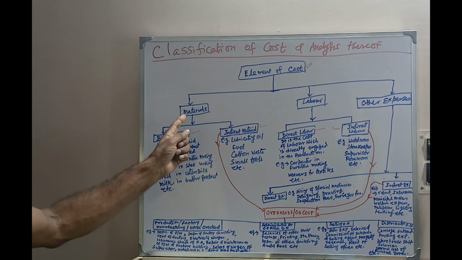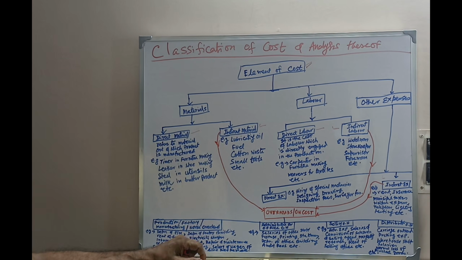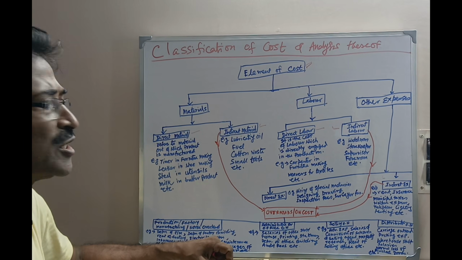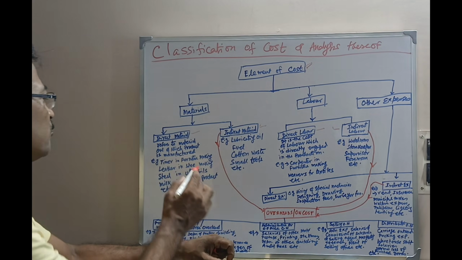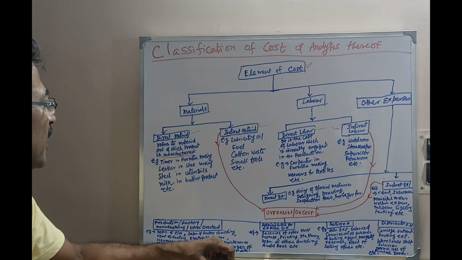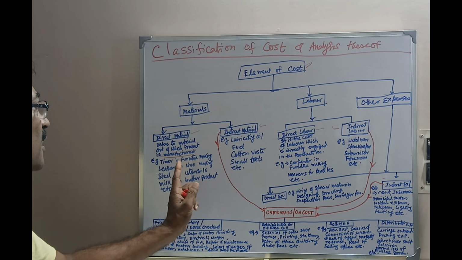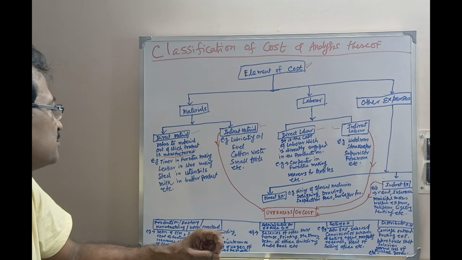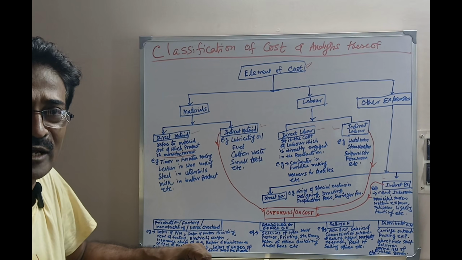Now, material. What is direct material? Direct material refers to material out of which a product is manufactured. For example, timber in furniture making.